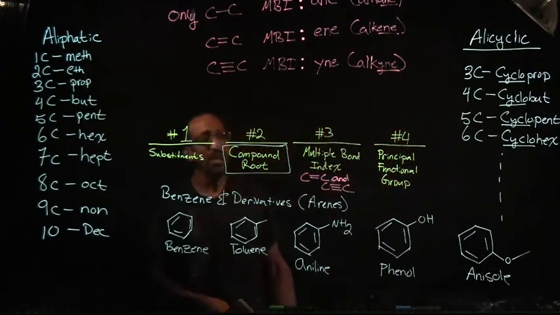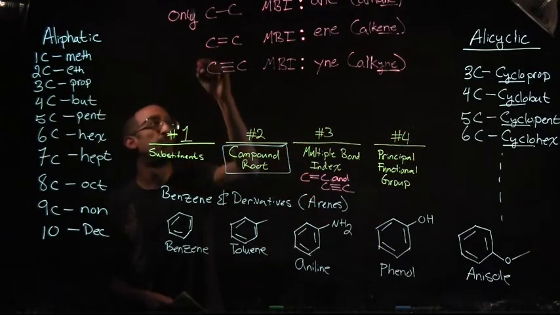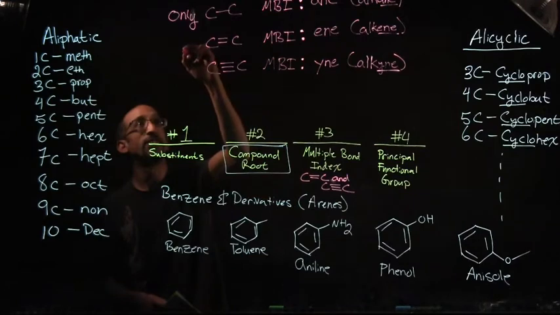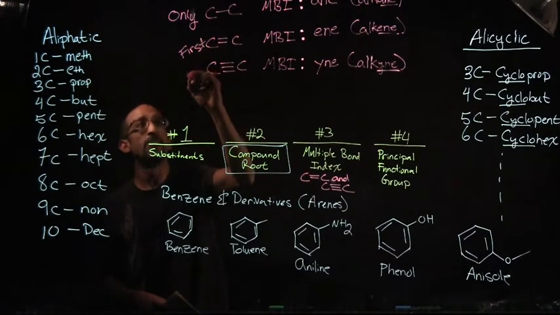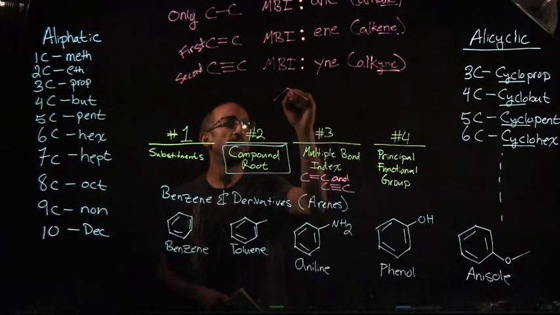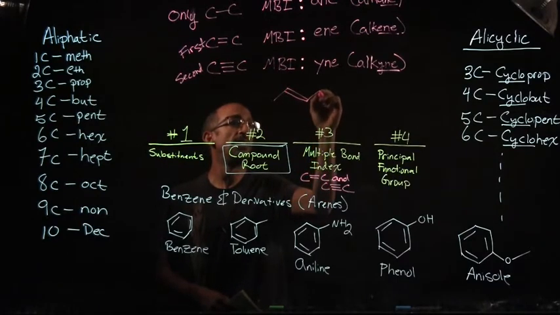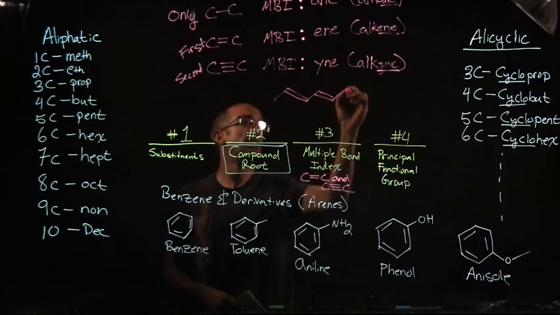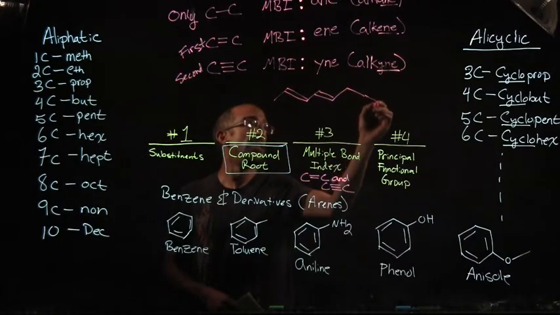List our carbon-carbon double bonds in our multiple bond index first, and our carbon-carbon triple bonds come second. So for example, if I have this molecule here, I have 1 double bond, 2 double bonds, and then a triple bond.